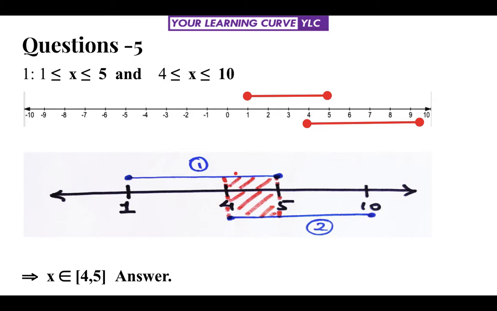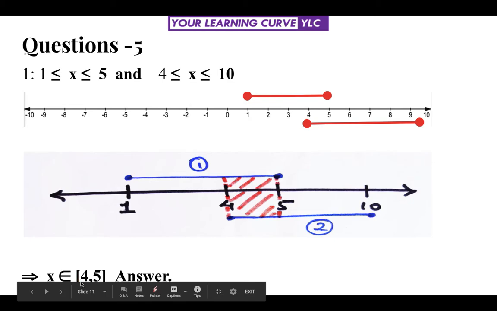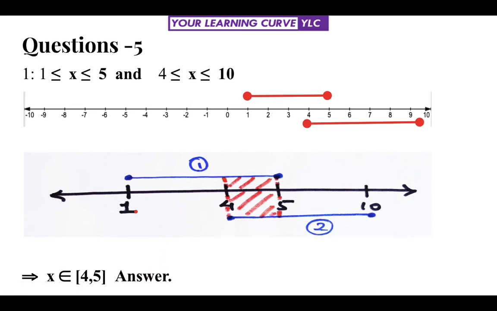So x equal to 4 is a number which satisfies both the inequalities, and that's what we want. So 4 is part of the answer. We'll put a closed circle over here, a closed bracket over here.